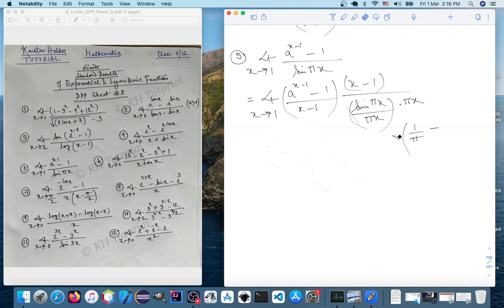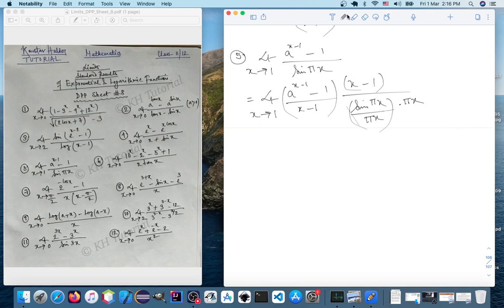We cannot apply the sin x by x result because pi x is becoming pi, not 0. We know the standard result, limit of sin x by x as x tending to 0 is 1. But over here we have pi x. When x tending to 1, it will be sin pi. It is not becoming sin 0.